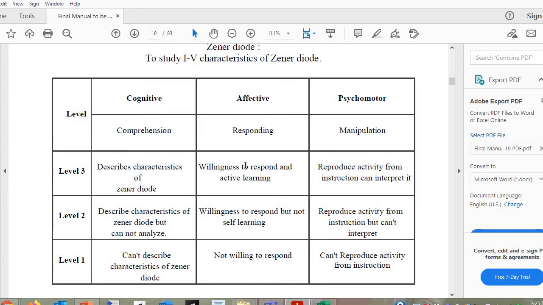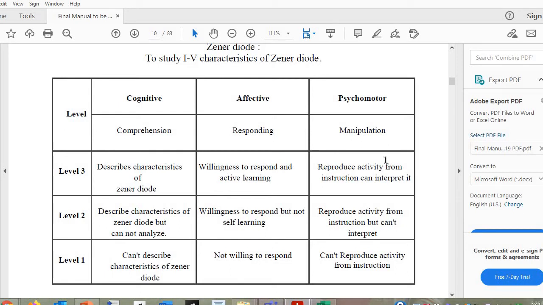Okay. Now, related to the affective domain, a statement is provided: your willingness to respond to the questions and your involvement in active learning will be evaluated. And then in the psychomotor domain, if you can reproduce the data or the result after getting the instruction, then that will be level 3 of the psychomotor domain.